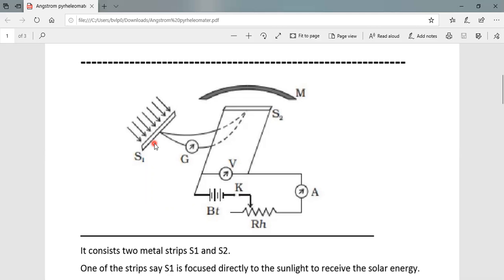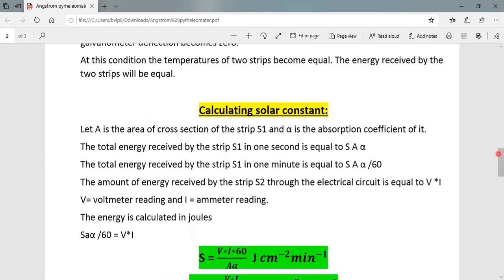I repeat once again, the solar energy received by unit area of the metal strip in 1 minute is equal to the solar constant. Solar constant multiplied by the area of the metal strip is equal to the total solar energy received by the metal strip.